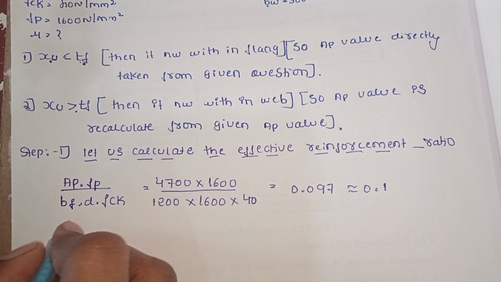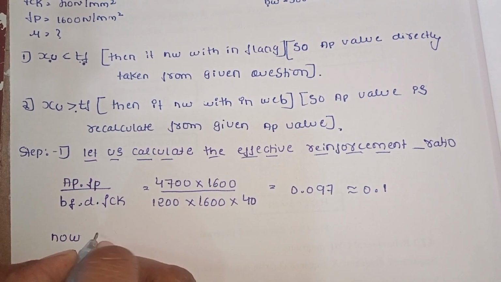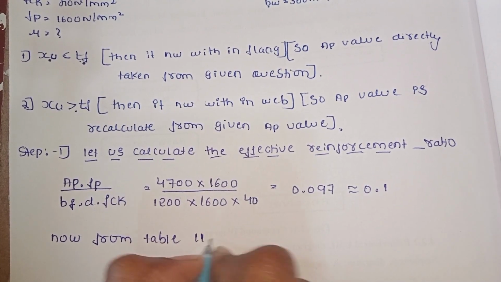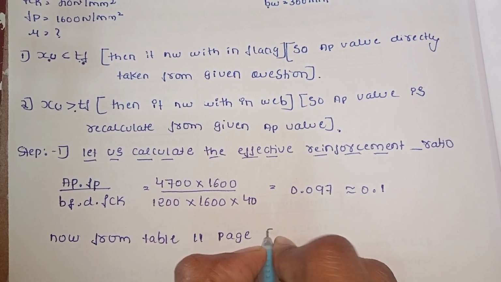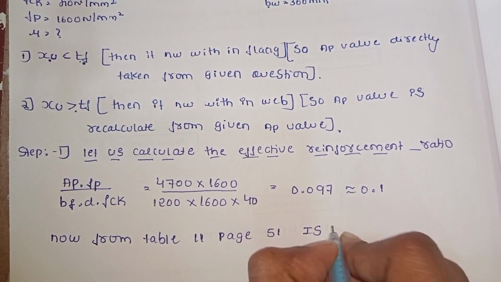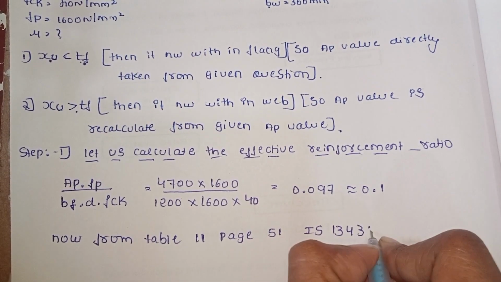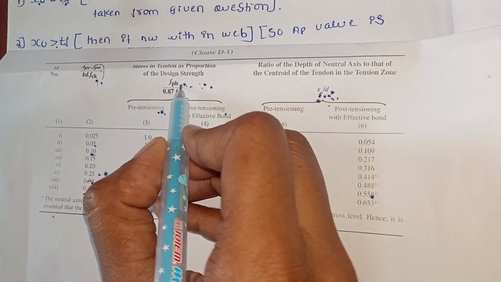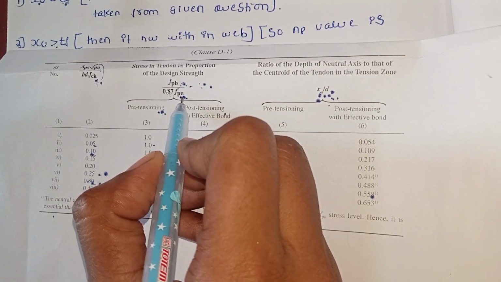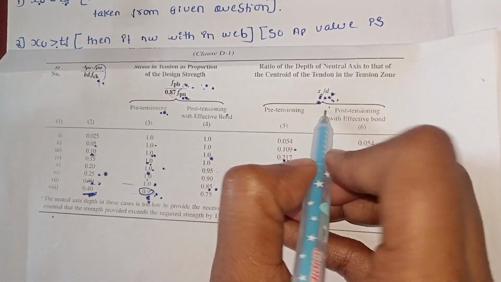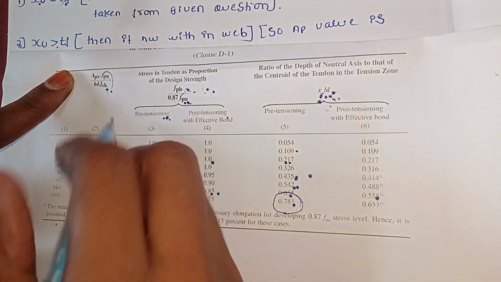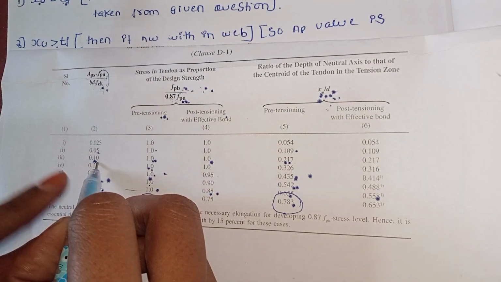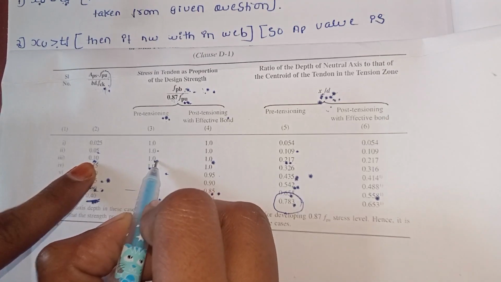Okay, now from Table 11, page 51, IS 1343 2012, we want FPB divided by 0.87 FPU value and XU by D value. Now we got AP into FPU divided by BD into FCK value is 0.1. For 0.1 the corresponding value is 1.